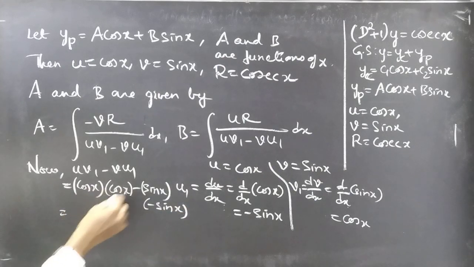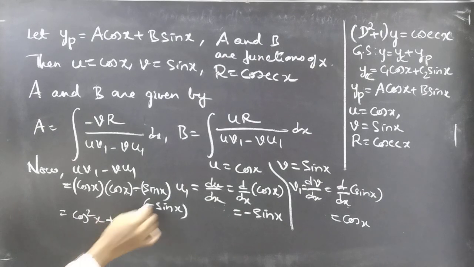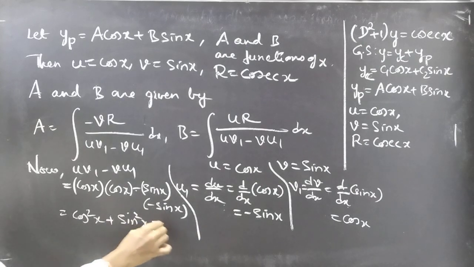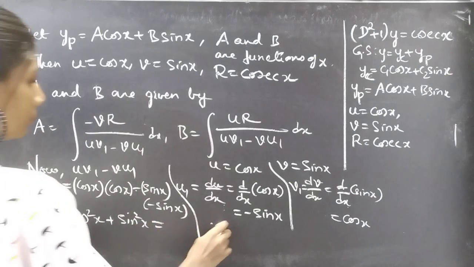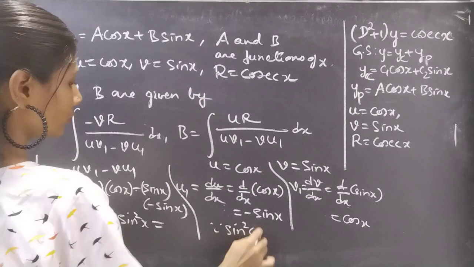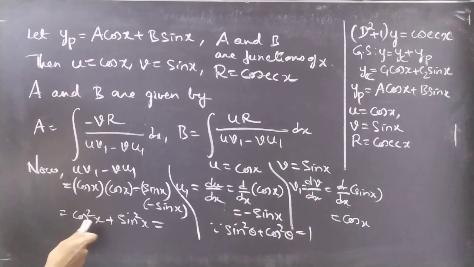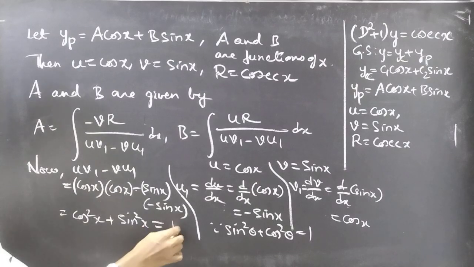This equals cos x into cos x, cos square x, minus into minus plus sin x into sin x, sin squared x. Since we know that sin square theta plus cos square theta equals 1, we get sin square x plus cos square x is 1, which is not equal to 0, non-zero, right?